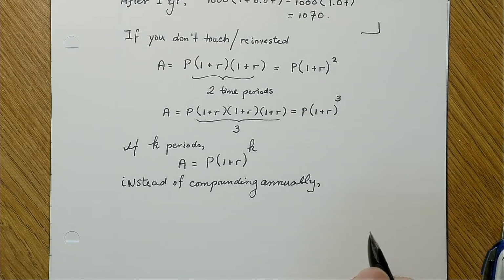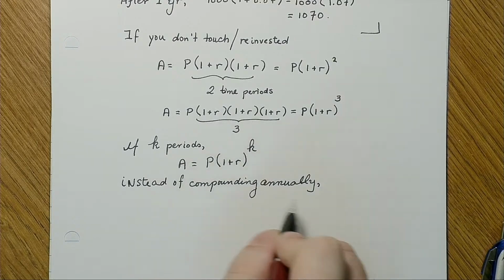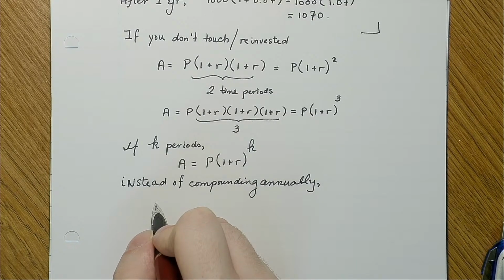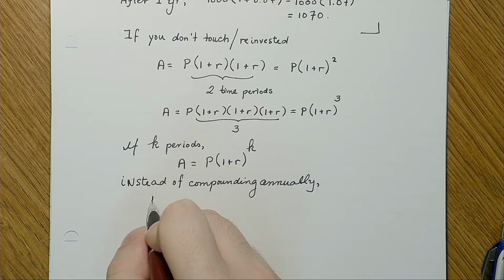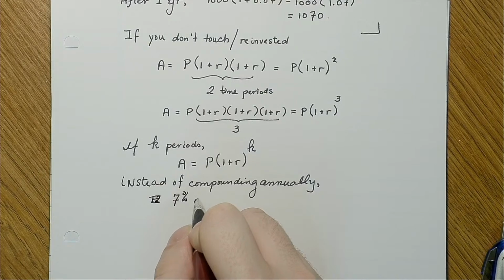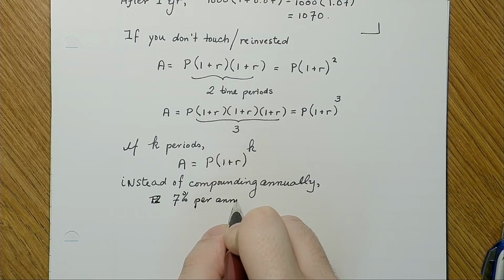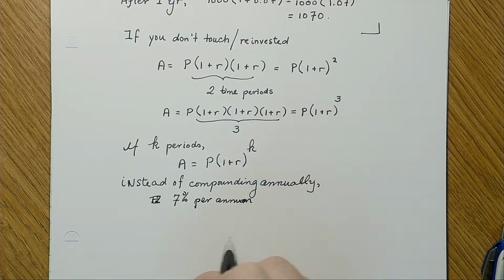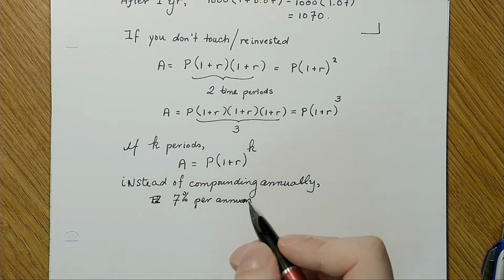Instead of compounding annually, we can have it semi-annually, monthly, daily. So, for instance, let's say it was 7% per annum. Annum, Latin for year. So 7% per year, but we're going to be paid out semi-annually.